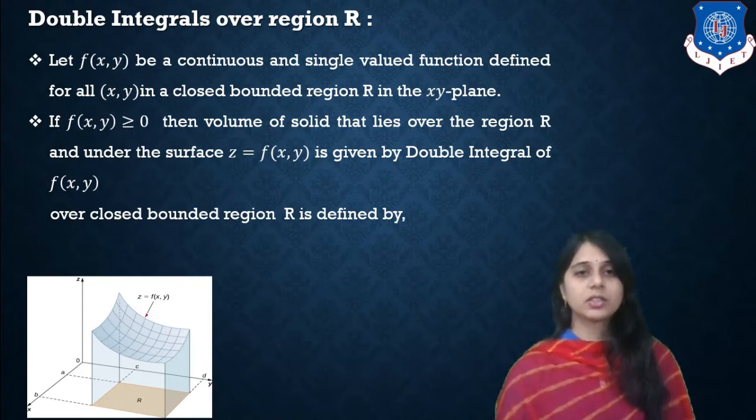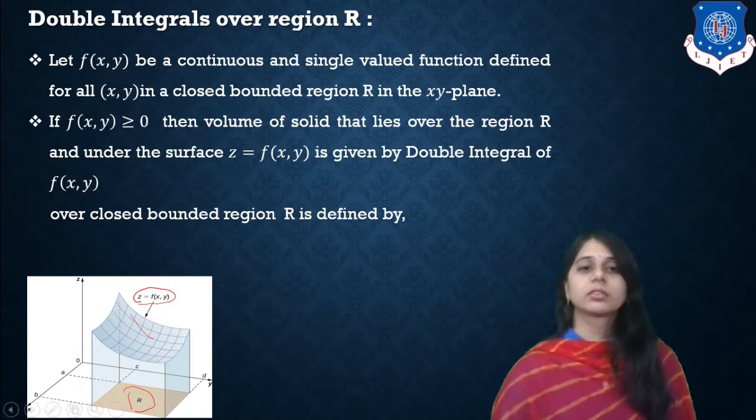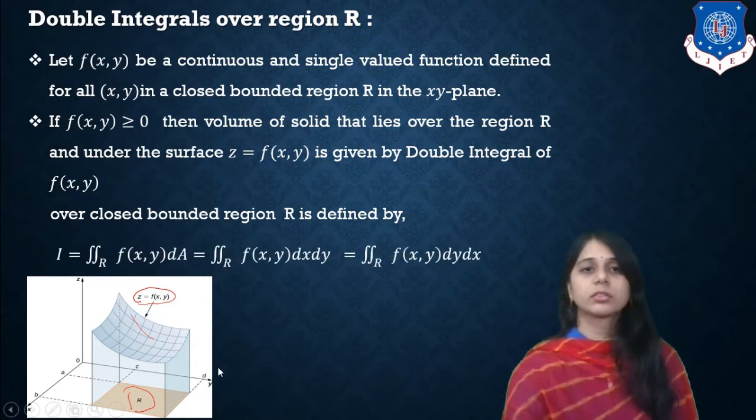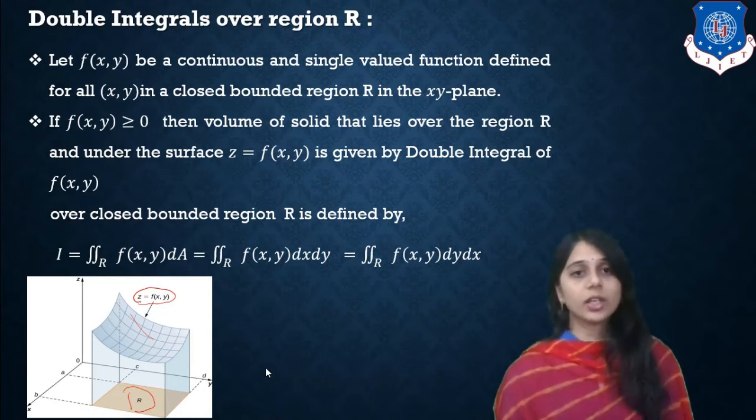See, in that case, it is your z equal to f(x,y), this is your y, this is your x. Okay, so this is your region R. So we say that I equal to the double integral over R of f(x,y) dA, where A is the area and R is a region, that is, f(x,y) dx dy.